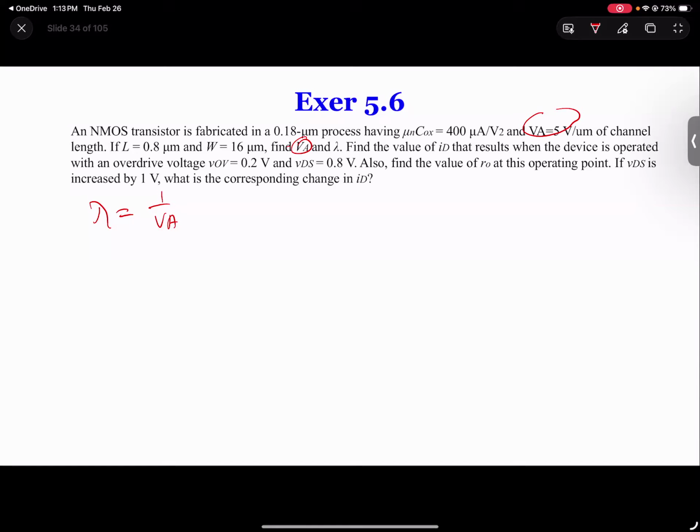Find the value of ID when the device is operated with the overdrive voltage of VOV equal to 0.2 and VDS equal to 0.8.